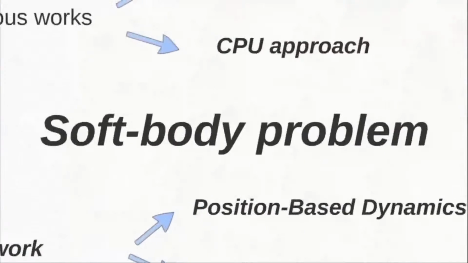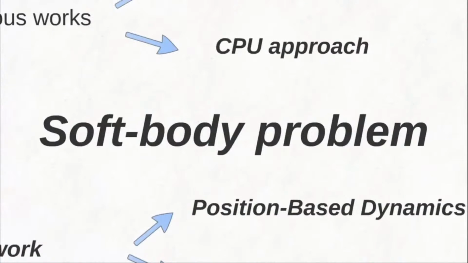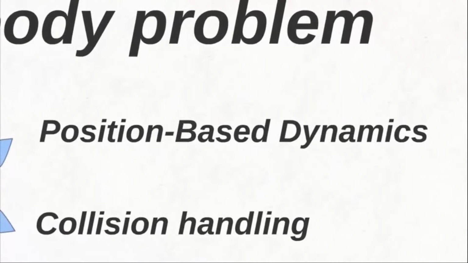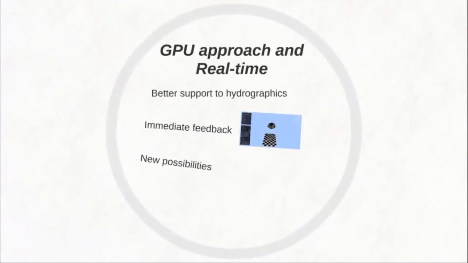In contrast, this work addresses the soft body problem with position-based dynamics and models the film interaction using a collision rendering approach with spatial division on the GPU. In a few words, the main contribution of this work is a GPU-based approach to the hydrographic problem. This allows us to run the simulation in real time.